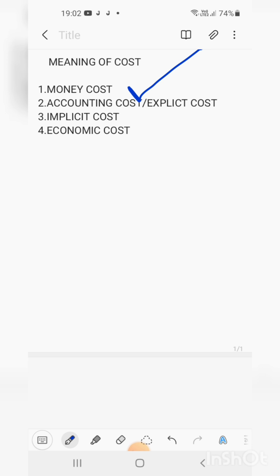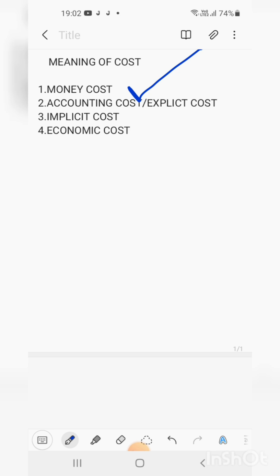Money cost refers to the total amount of money spent in producing a certain amount of output of a commodity. It is the cash payment made to the factor owners.